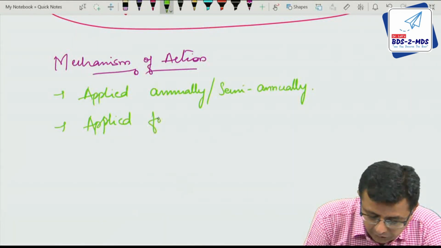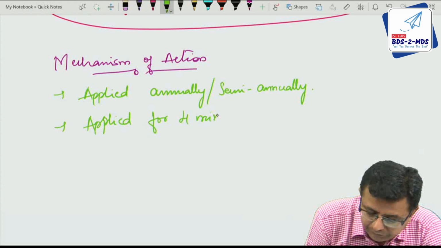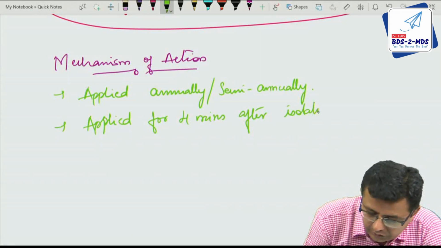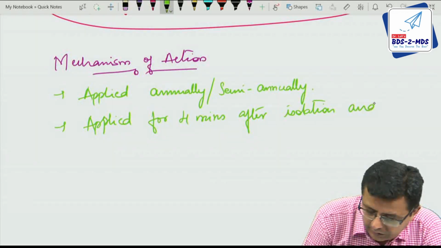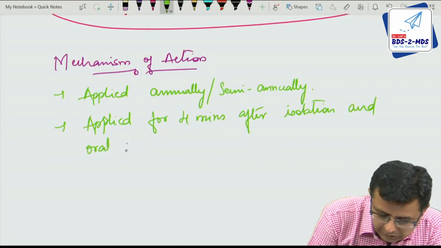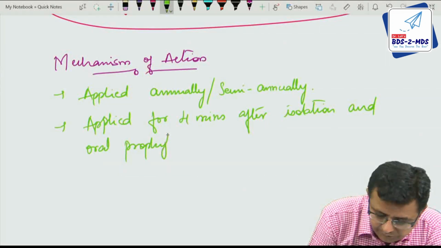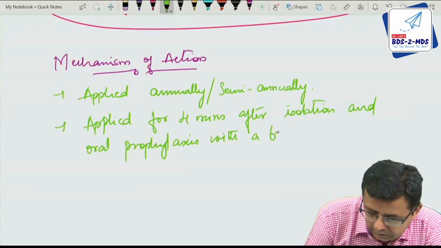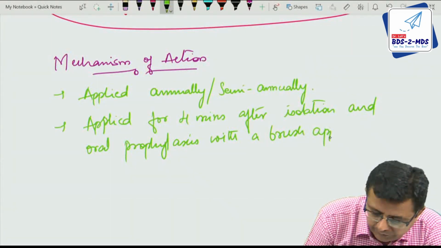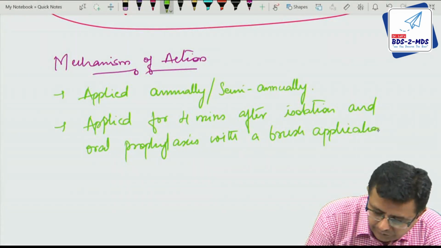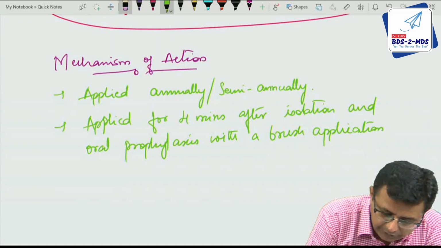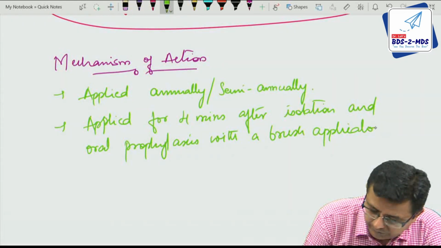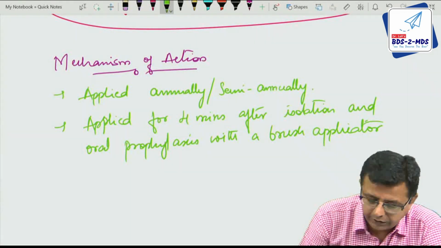Applied for 4 minutes after isolation and oral prophylaxis, with a brush applicator.